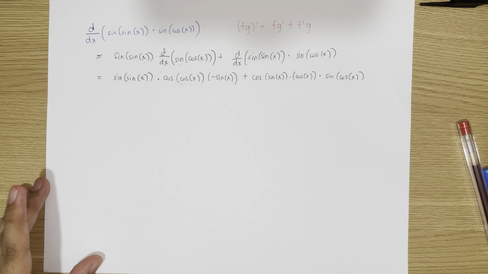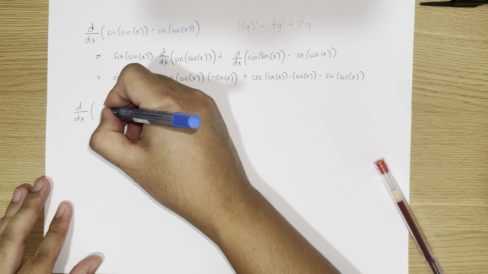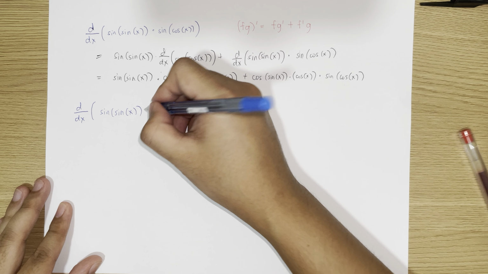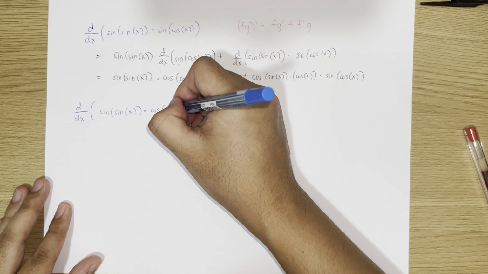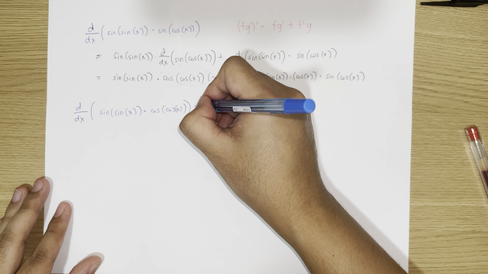So if we do this, we use the same procedure as earlier. We find the derivative of sine of cosine of x.